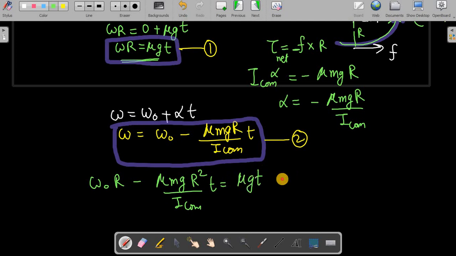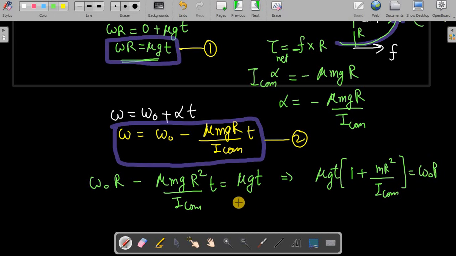Now bring the time factor to one side, so 1 plus mr square by I center of mass, times mu g t, is equal to omega naught r.